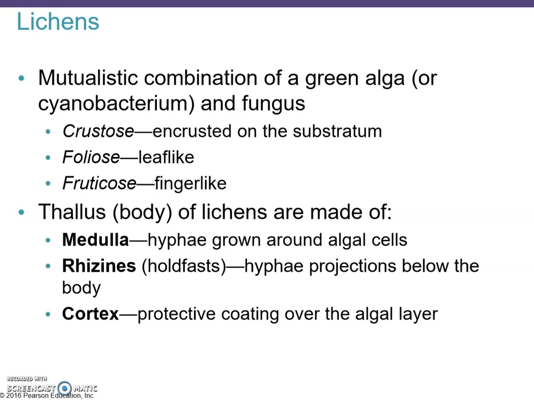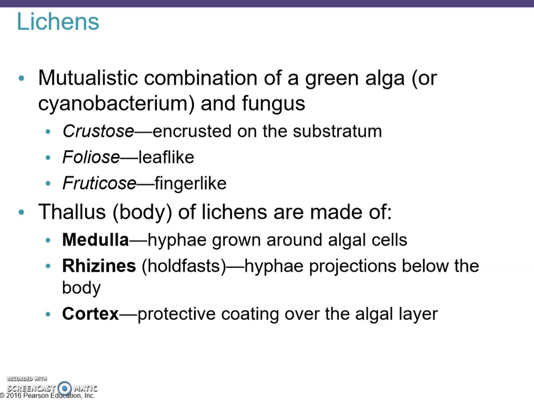I'll provide a place for you to live, a holdfast, and you give me the food that you produce by photosynthesis. So they cut a deal, and that's a lichen. Lichen can grow in pretty harsh environments and higher altitudes, pretty cold environments too, where there's not much food, because the alga can produce food by photosynthesis, and then the fungus provides just a means for the alga to have a place to stay and to do the photosynthesis.